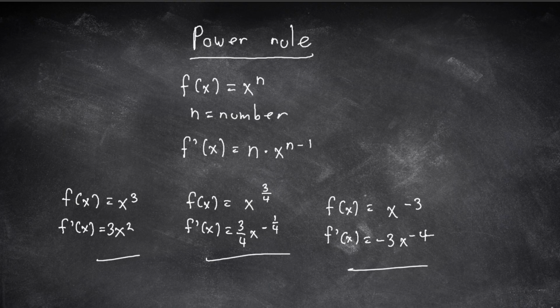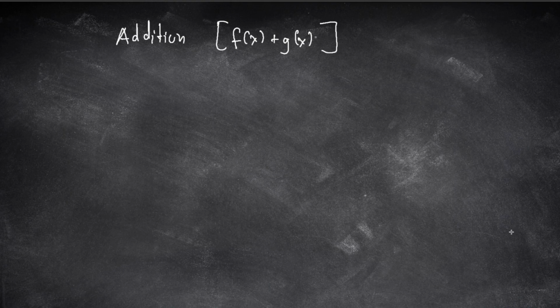Now let's add a few properties about derivatives. So derivatives follow the basic addition rule, which basically says that if we have two functions, f of x plus g of x, and you put them together and then you take the derivative, it's the same thing as doing the derivative of each of them and then adding them together.